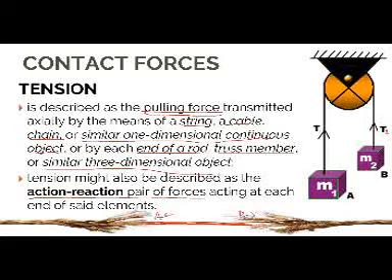So there is an action-reaction pair of forces in this rope, because if group A pulled the rope to the left, group B also pulled the rope to the right. There is an action in A and also a reaction for group B. That is why it is described as an action-reaction pair of forces.